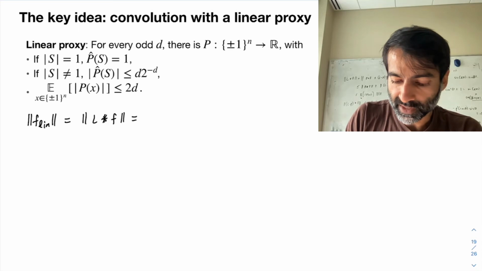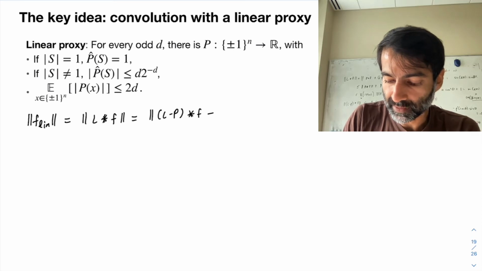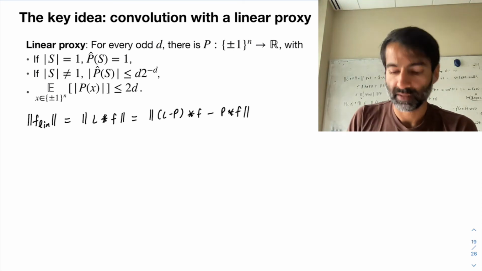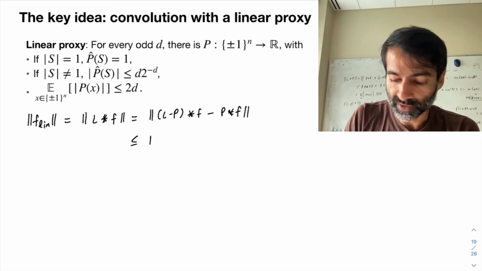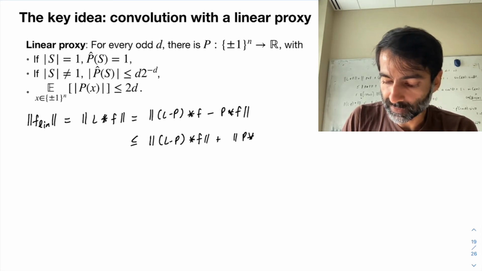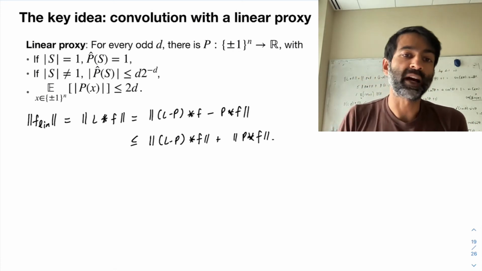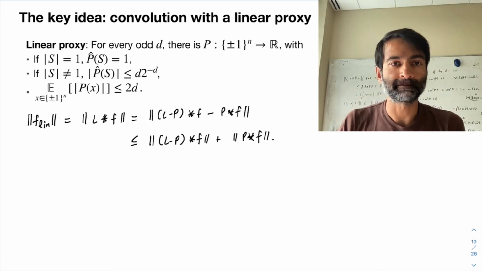And this I can write now as the norm of L minus p convolved with f plus p convolved with f. And now I can use the triangle inequality to bound this by the norm of L minus p convolved with f plus the norm of p convolved with f. And I'm going to bound both terms separately.